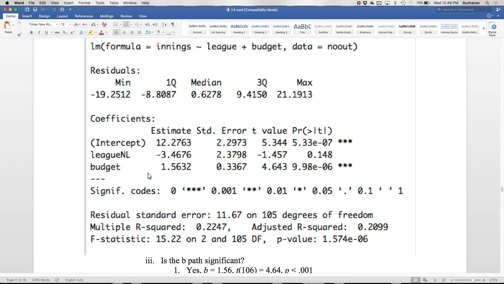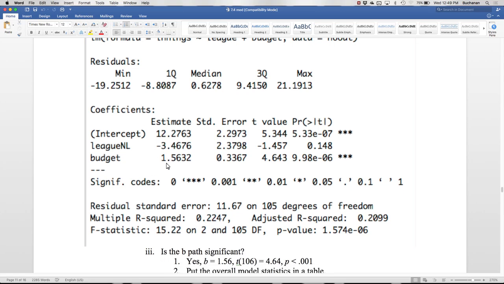Now, what happens to league? This is where it gets tricky. You don't want this to be significant. That's a little weird. That's probably the first time all year, except for assumptions. But we don't want this to be significant. So the coefficient, again, is league. So there's a lot of league coefficients here. 105.